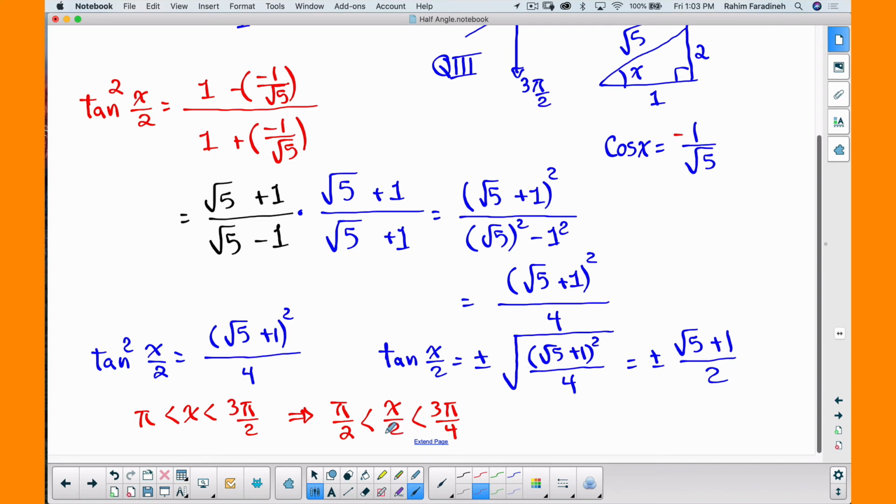So that concludes that X over 2 is in the second quadrant. And in the second quadrant, tangent is negative. So our final answer is tangent of X over 2 is equal to negative radical 5 plus 1 divided by 2.